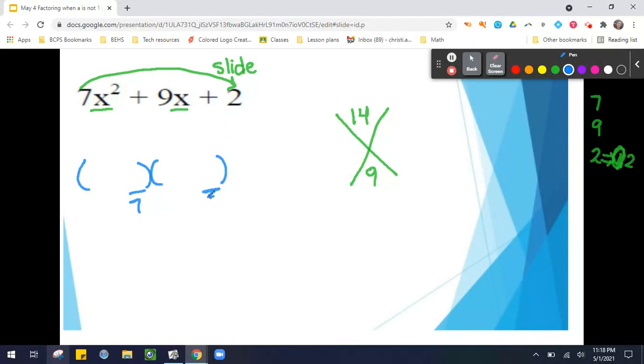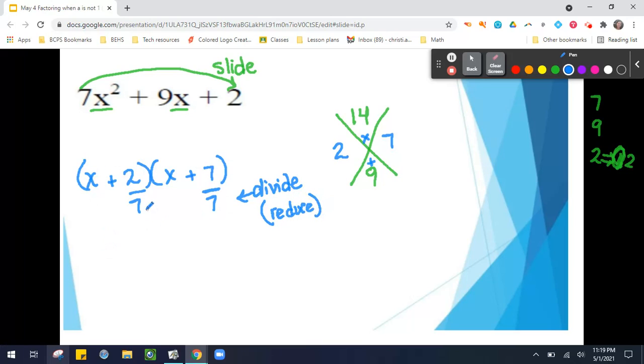So I'm going to go ahead and write that in, that I'm going to divide by 7 once I fill out my factor x. To get 14, I'm going to do 2 times 7 to get 14, and 2 plus 7 is 9. So I'm going to do x plus 2 and x plus 7. Now I'm getting ready to divide. When I divide, if it doesn't divide into a whole number, then I reduce the fraction.